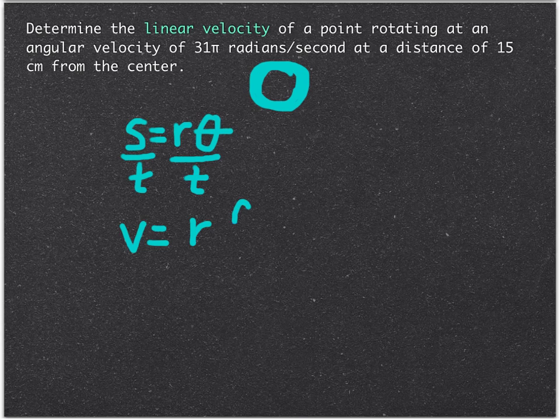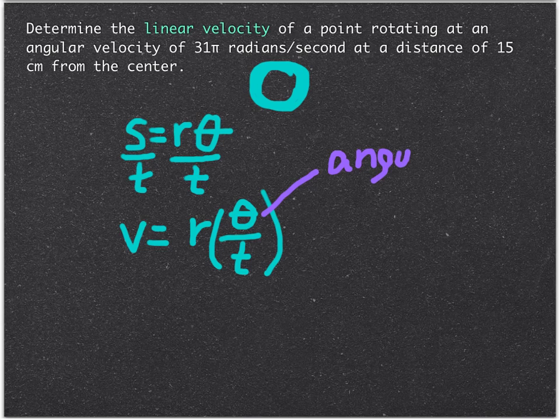We have r, and then sure enough, isn't this theta over t, isn't another name for that the angular velocity, because it is a certain amount of degrees or radians divided by a time factor.